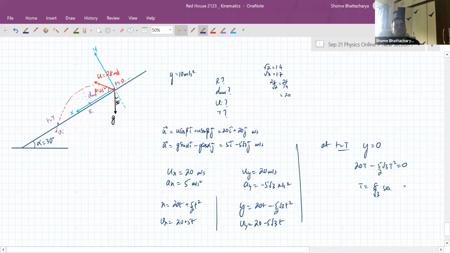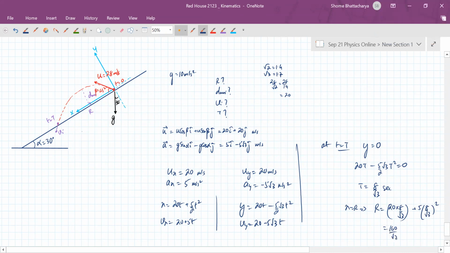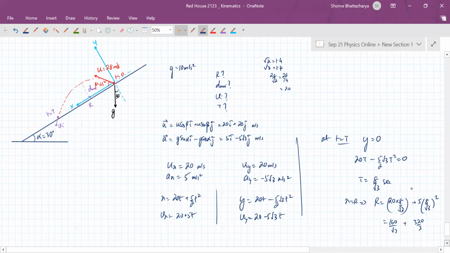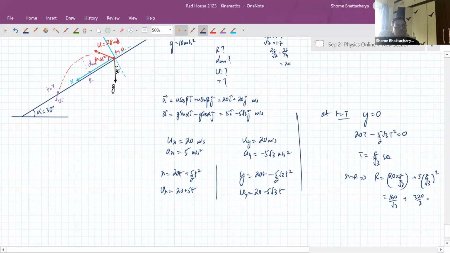So T is 8 by root 3 seconds. And our x coordinate is equal to r. So r will become 20 into 8 by root 3 plus 5 into 8 by root 3 whole square, by 2. 5 into 64 by root 3 whole square, that is.